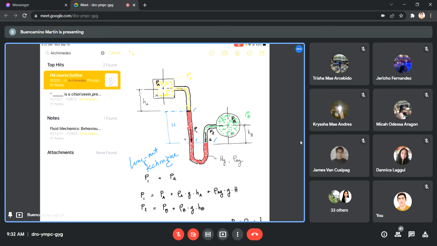Okay. And then on the other side, in the right portion, we can see that P2 is the sum of PB plus rho B times g times h sub B. So notice, class, that h sub A and h sub B are both measured from the center line of the vessel up to the level of mercury on their respective leg.